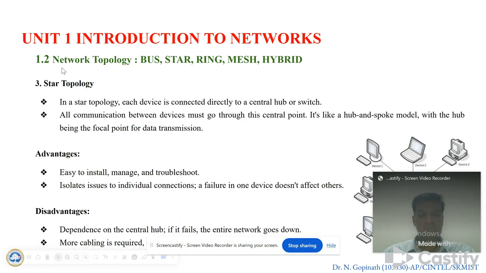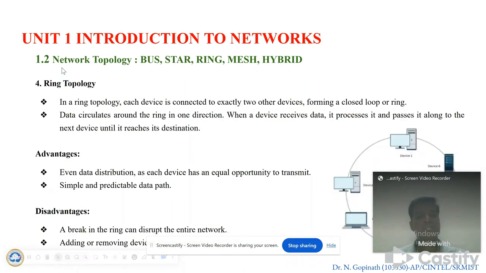Star topology. In a star topology, each device is connected directly to a central hub or switch. All communication between devices must go through this central point. It's like a hub and spoke model, with the hub being the focal point for data transmission. Ring topology.